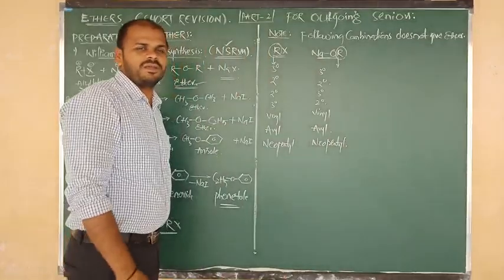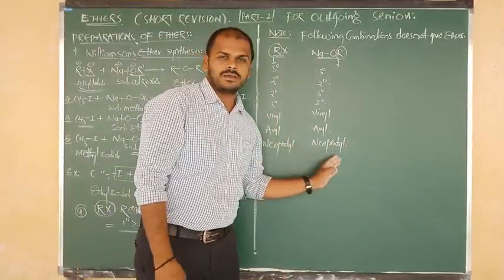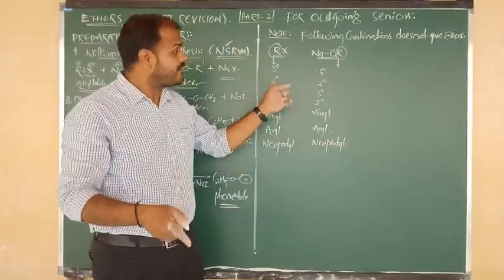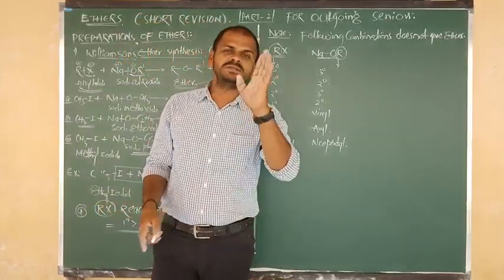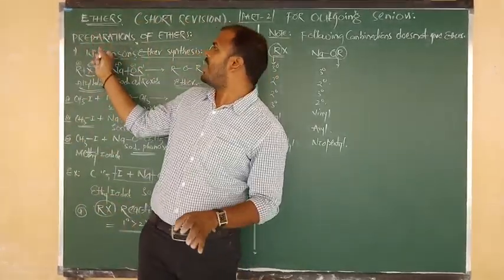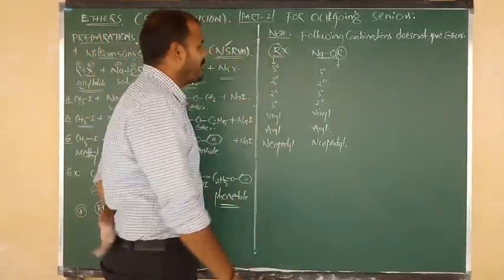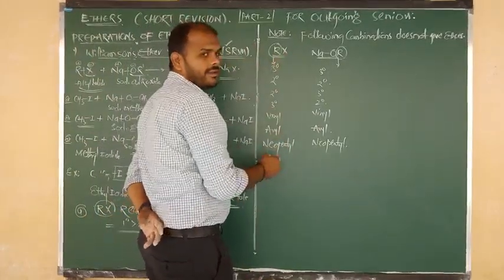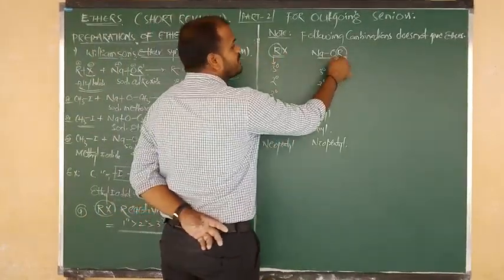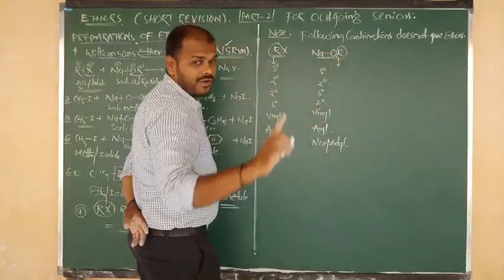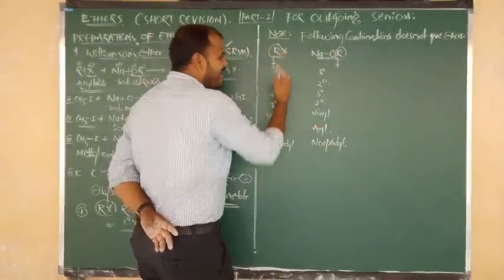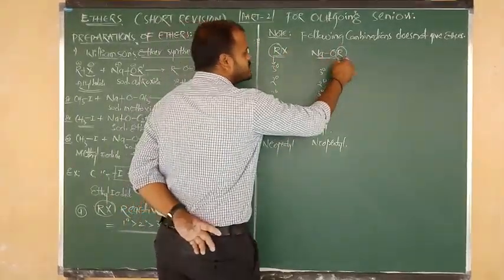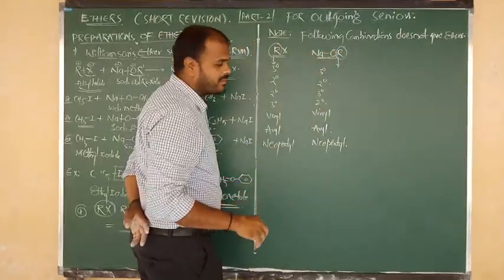Now listen carefully. The following combinations won't form ethers. Definitely this is very important for you, especially from an objective point of view, as per Williamson's ether synthesis. Tertiary alkyl halide on reaction with sodium tertiary alkoxide does not form the ether. Secondary alkyl halide with secondary sodium alkoxide does not form the ether.